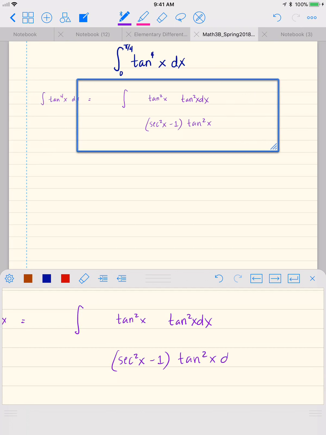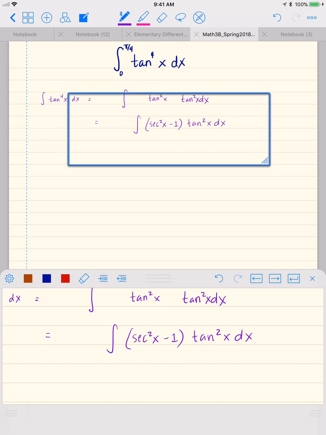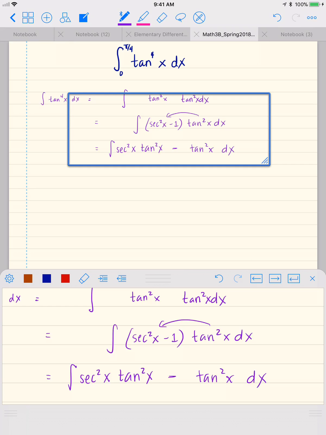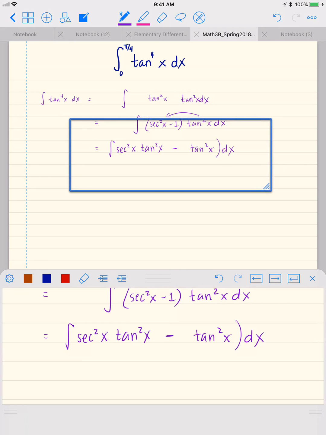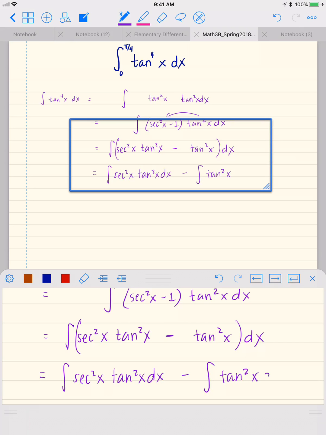Okay? So now when we distribute, we'll have the integral of secant squared x tangent squared x minus tangent squared x dx. We can split this up into the integral of secant squared x tan squared x dx minus the integral of tan squared x dx.